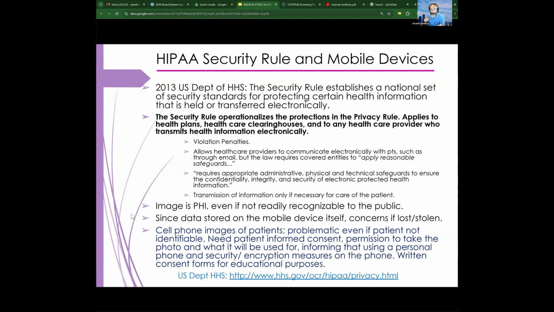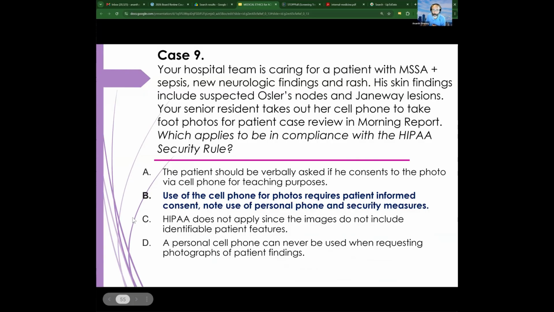So not only do you have to get the patient consent, you should get written consent because it's for education, and you do have to specify that it is with a personal phone and that there are appropriate safeguards on the phone to protect that protected health information, i.e. the photo. So the best answer choice here is if you use the cell phone, you require informed consent, and you have to specify you're using a personal phone and that there are appropriate security measures.